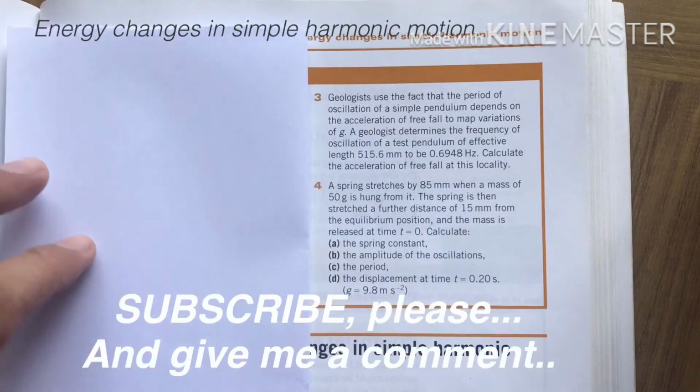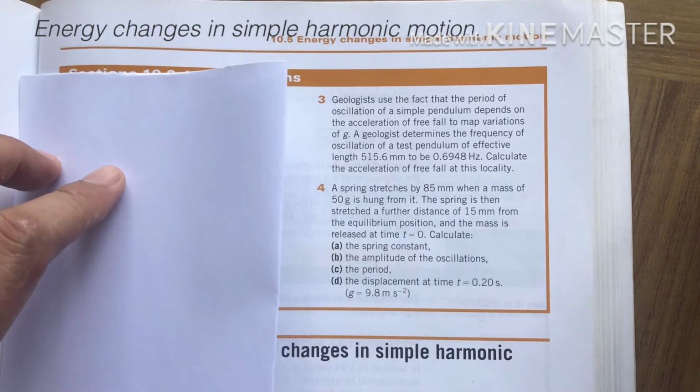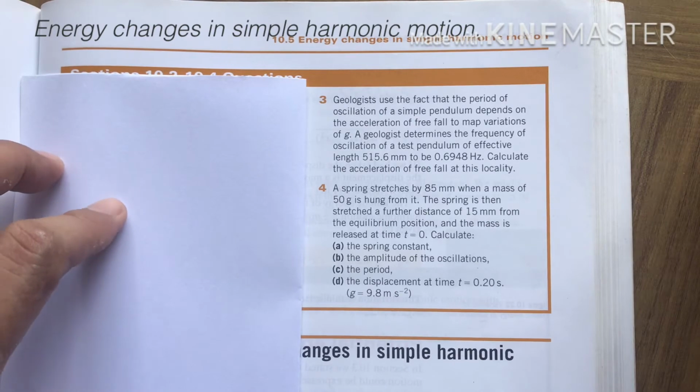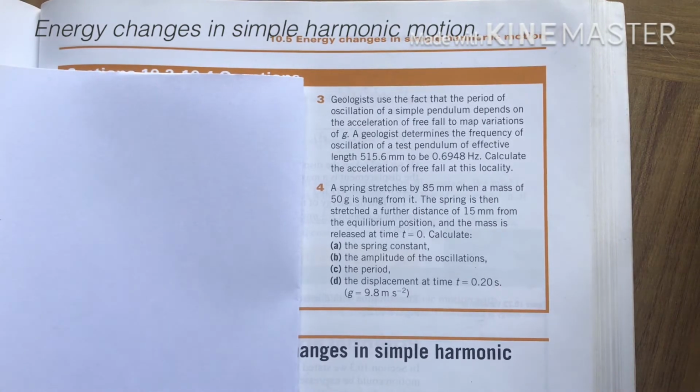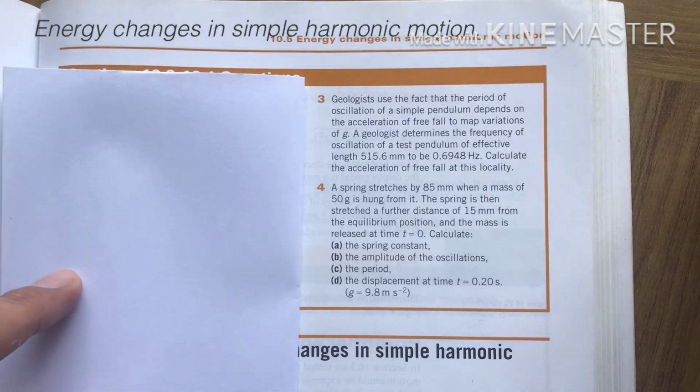Number 3. Let us read first here. Geologists use the fact that the period of oscillation of a simple pendulum depends on acceleration of gravity to map variation of g.